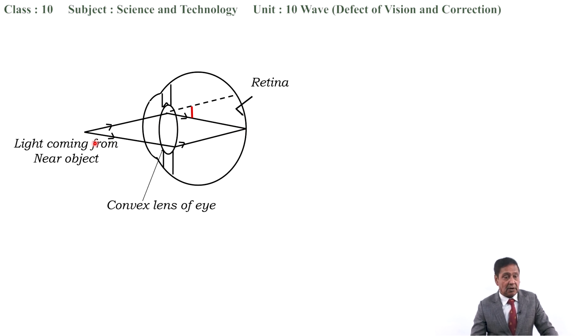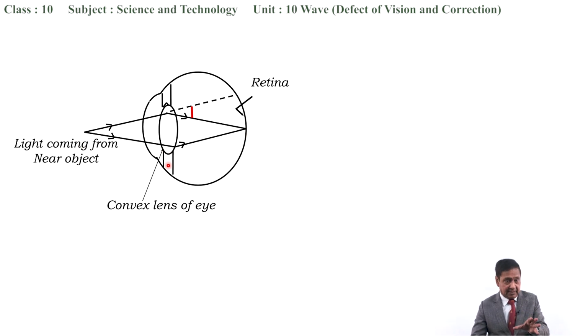The light rays coming from the near object are represented by diverging rays, and wherever we have to make an image of an object, at least 2 rays of light should be drawn from that object. Here we have 2 rays of light drawn from the object, and when they are converged by this convex lens, they have to be focused on the retina, otherwise we will not be able to see this near object.